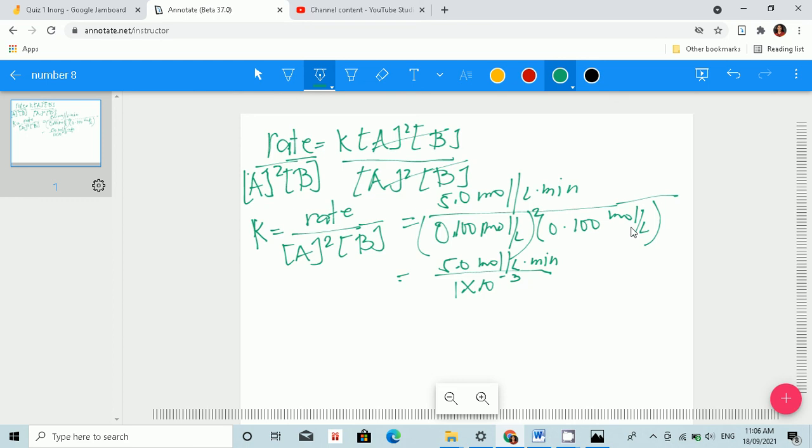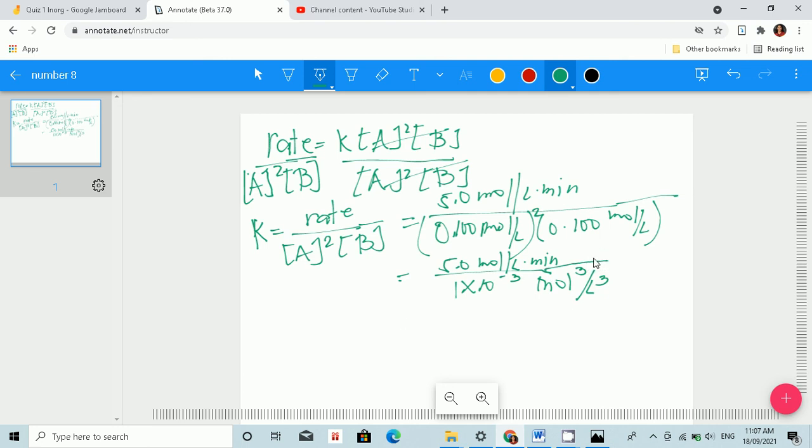When we multiply the same base, we just add the exponents. So here we have the same unit, mole per liter squared times mole per liter, so we will have mole cubed per liter cubed.